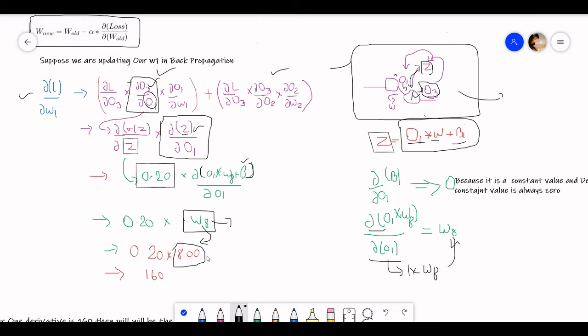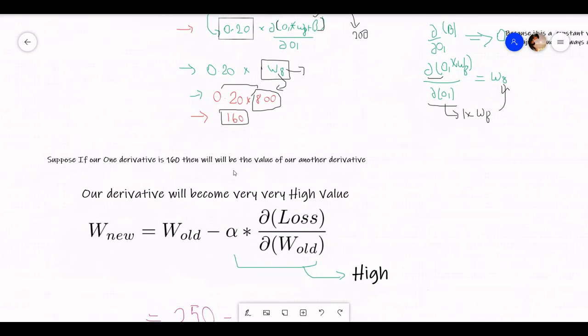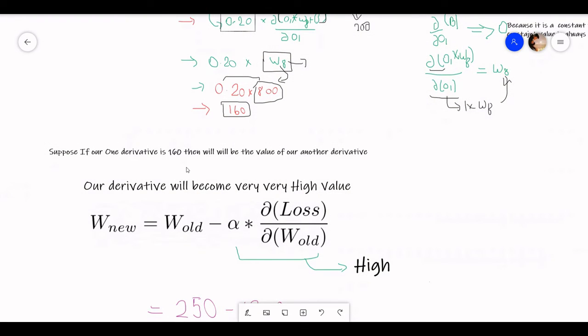So when we multiply both the values, it will be a larger value. And this we are applying only in one derivative. Here our gradient will also find this derivative, this derivative. Suppose if one derivative is 160, then what will be the value of the other derivatives?